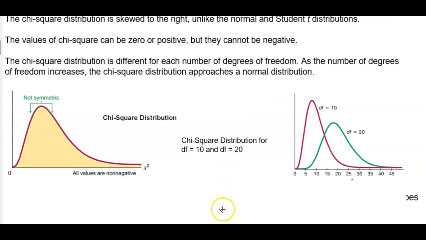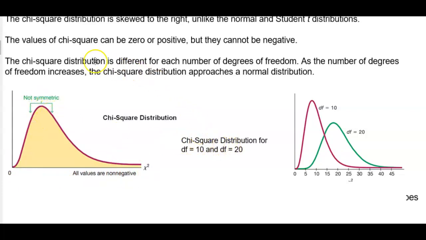Here's the graph below. If you look on the left, this is the chi-square distribution, and you can see that it's skewed right. All the values start at 0 and go all the way to the right. All those values are non-negative, meaning they can't be negative. And this is not symmetric.